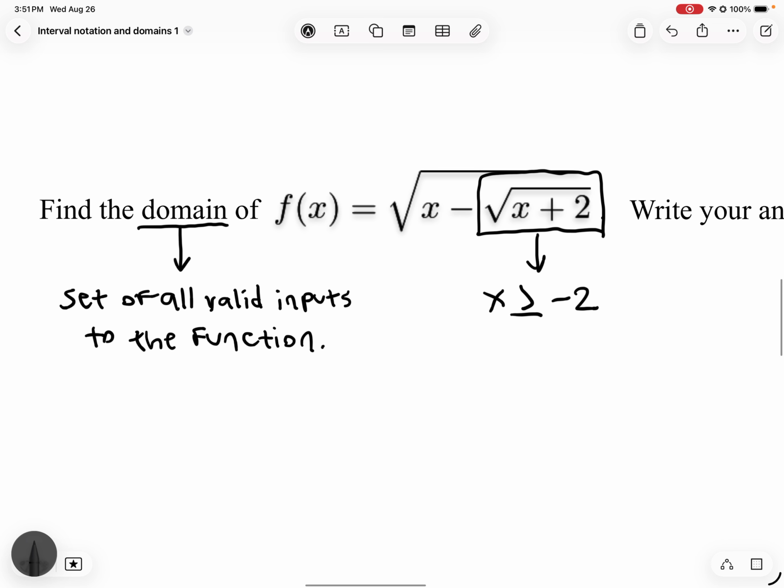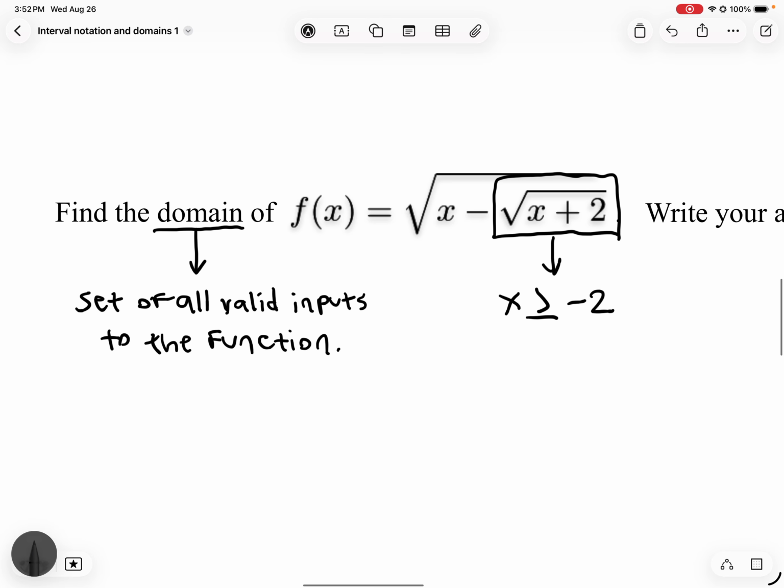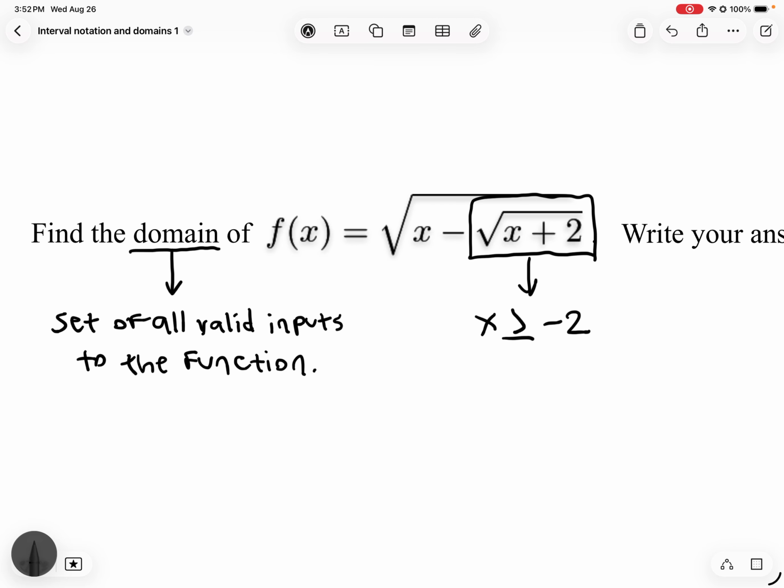So we must have x greater than or equal to negative 2 for this inner square root. Negative 2 plus 2 would be 0, and a square root of 0 is defined here. So then we move to the outer root, and we know we have one restriction already on x. We also know that x has to be greater than or equal to the square root of x plus 2, this inner part here.